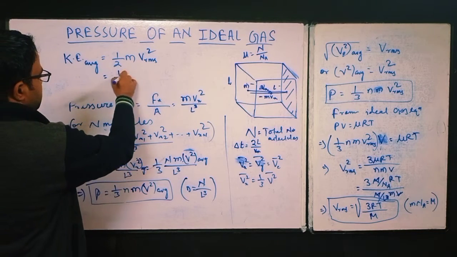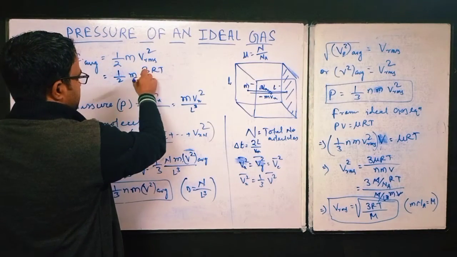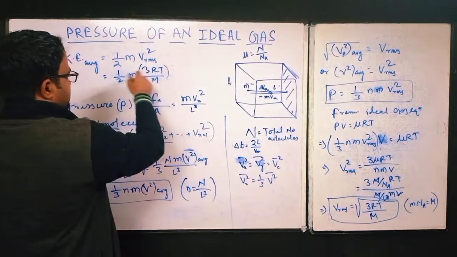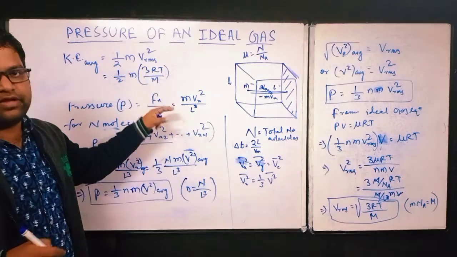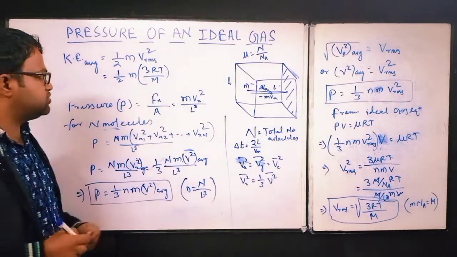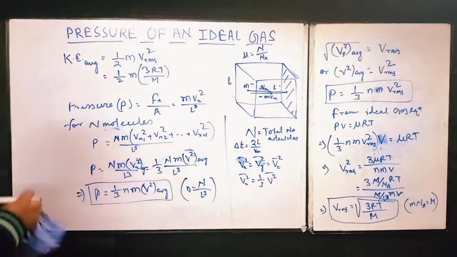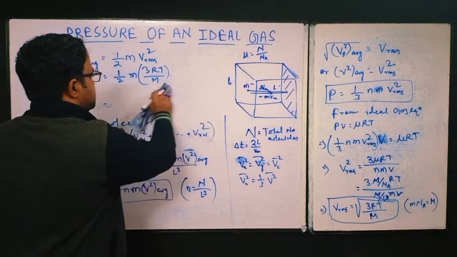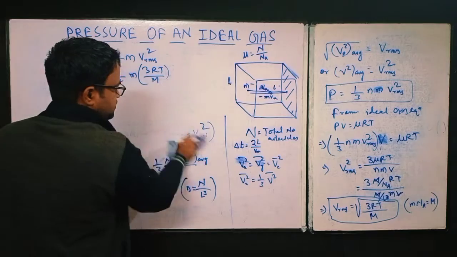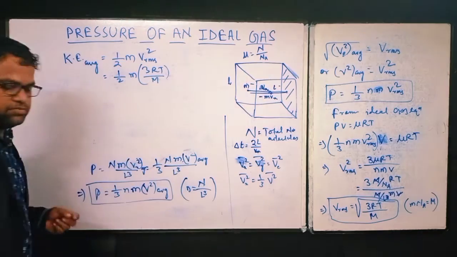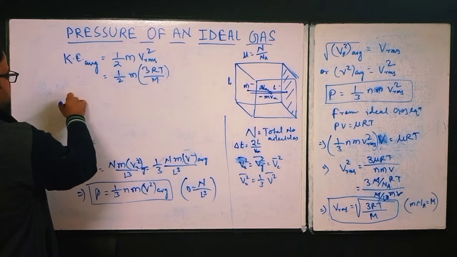So you can use this formula for V Rms square. So half m V Rms square is your 3RT by capital M. Small m and capital M are different. Small m is the mass of one molecule. Capital M is m into Na, that is mass into Avogadro's number, right? And so you can write that your average kinetic energy is coming as, it's a very important formula, and also a very surprising formula that came up, and lots of research was then done on this concept.